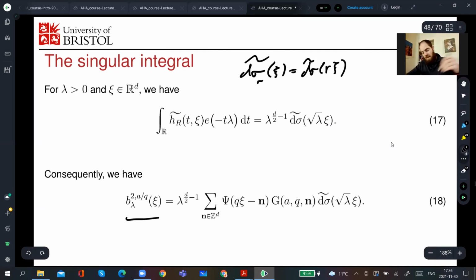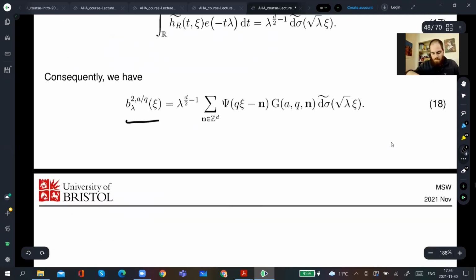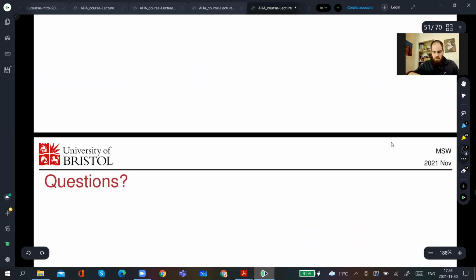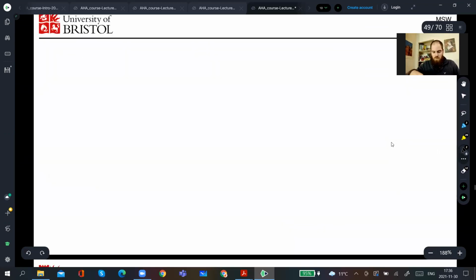And what this tells us is that when we look at the second approximation, it has this shape down here at the bottom, right? I am actually getting what I was claiming in the approximation before for each a over q. But at the moment, my sum is only over a finite range of a and q, whereas my approximation was over an infinite range. Was I supposed to prove something here?